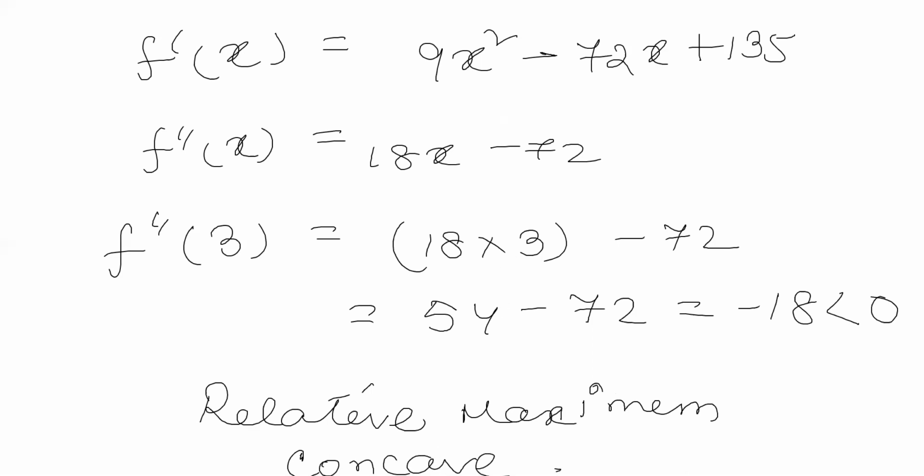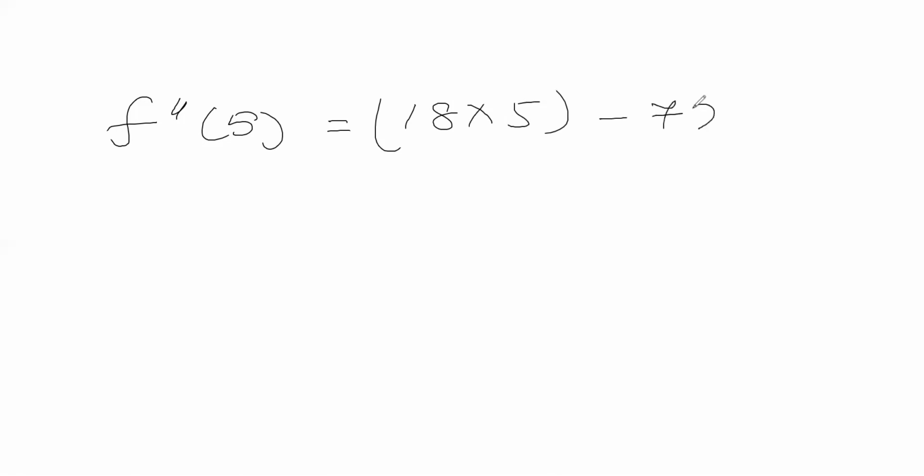Okay, but in the second order derivative, if I put 5 and multiply it with 18, then I get 90 minus 72, which is equal to 18.